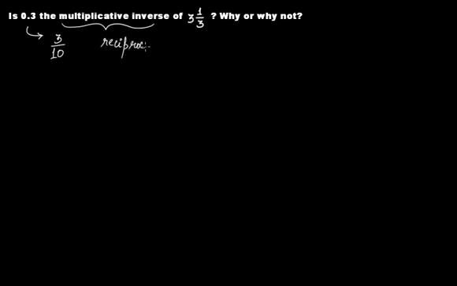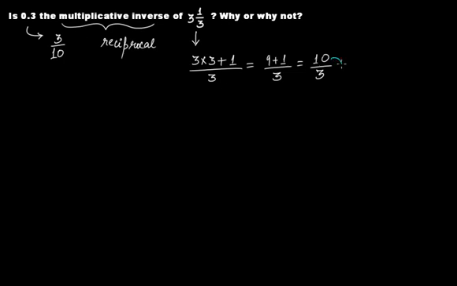So 3, 1 by 3 is a mixed number, so this can be written as 3 times 3 plus 1 divided by 3, and you get 9 plus 1 divided by 3, you get 10 by 3, right?